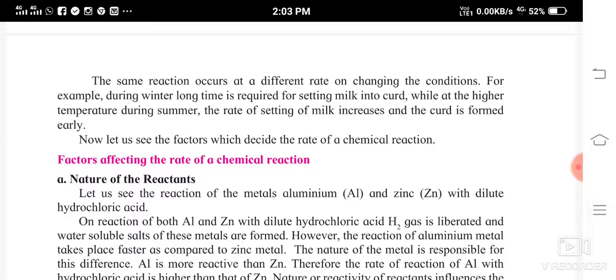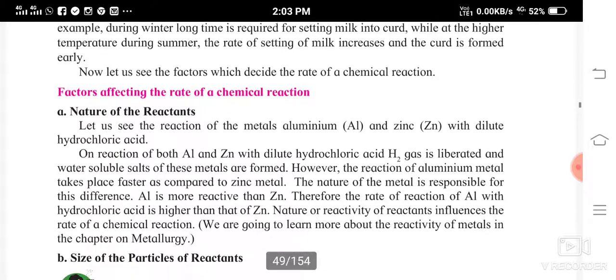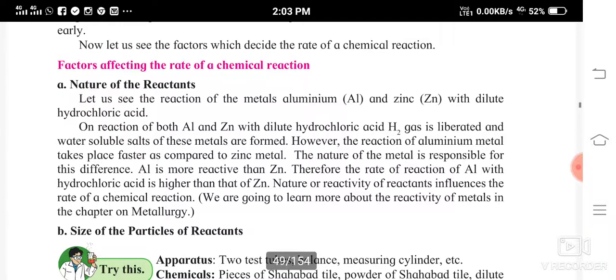So let us see the factors which decide the rate of chemical reactions. There are some factors which decide how fast the reaction can take place or how slow the reaction can take place.